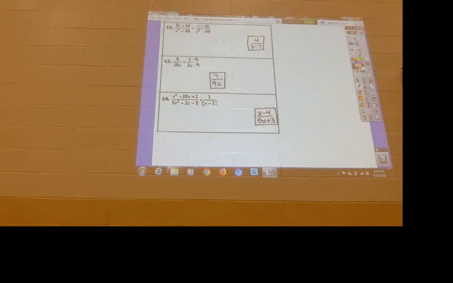So I have x squared minus 8x plus 16 over 4x squared, times 2x squared minus 10x over x squared minus 9x plus 20.